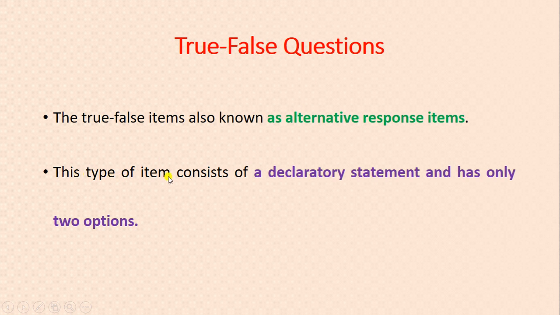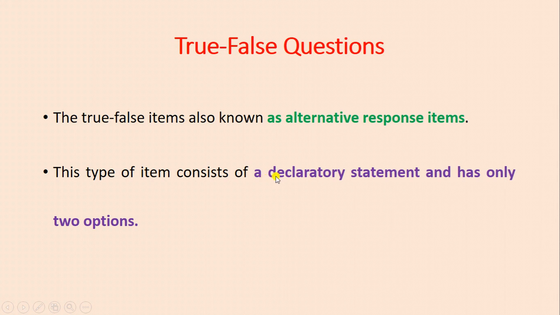This type of item consists of a declaratory statement and has only two options. The students have to put right or wrong, yes or no, so the statement must be clear.